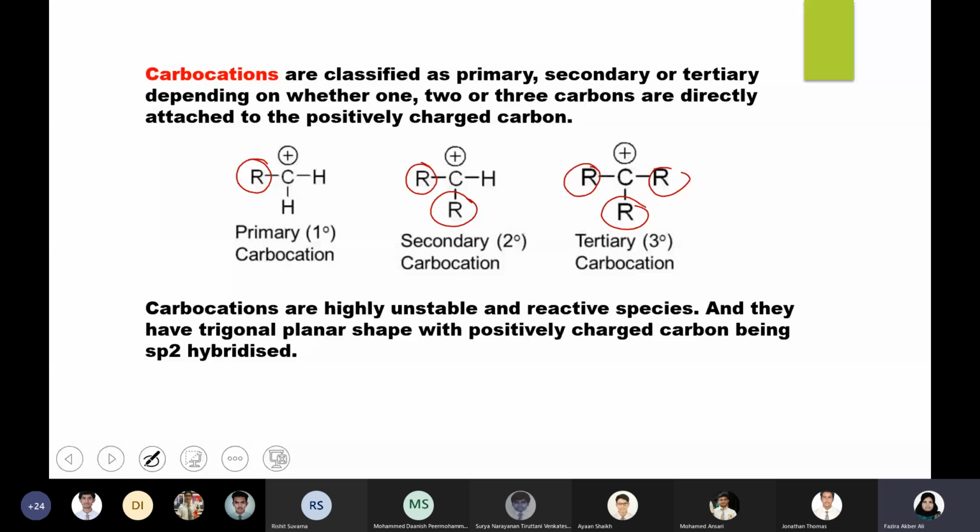This is how you classify carbocations based on the number of alkyl groups attached to the positive carbon. If only one alkyl group is present, it is primary. If two alkyl groups are present, it is secondary. And if three alkyl groups are attached to the positive carbon, it is tertiary.